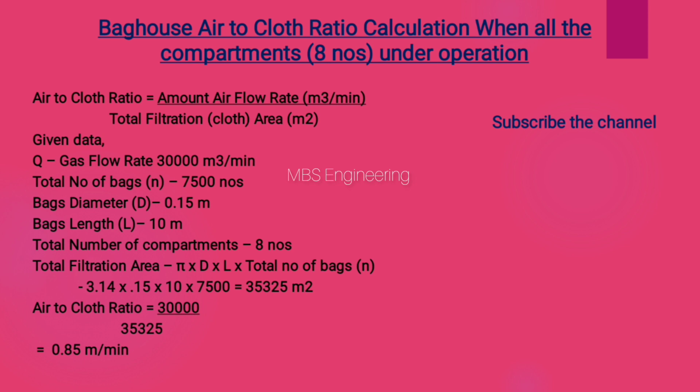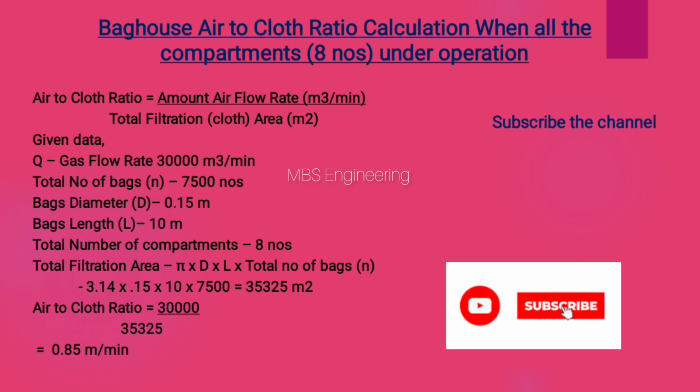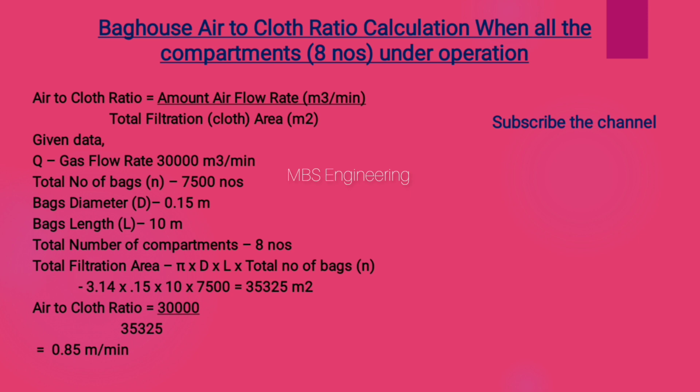Given data: Q, gas flow rate, 30,000 cubic meters per minute; total number of bags, N, 7,500; bag diameter, D, 0.15 meter; bag length, L, 10 meter; total number of compartments, 8.